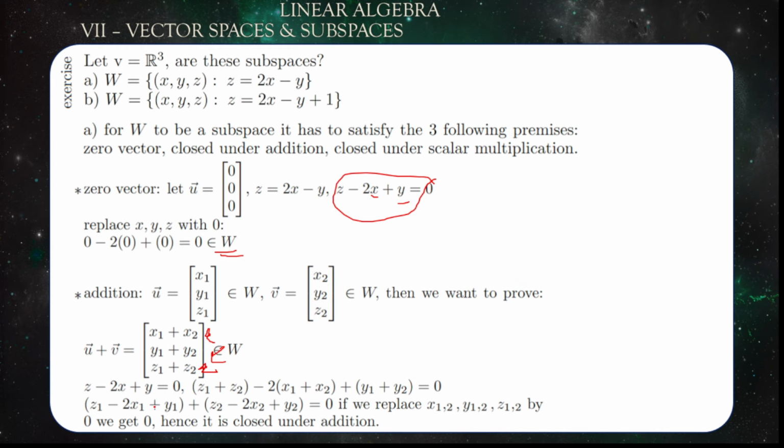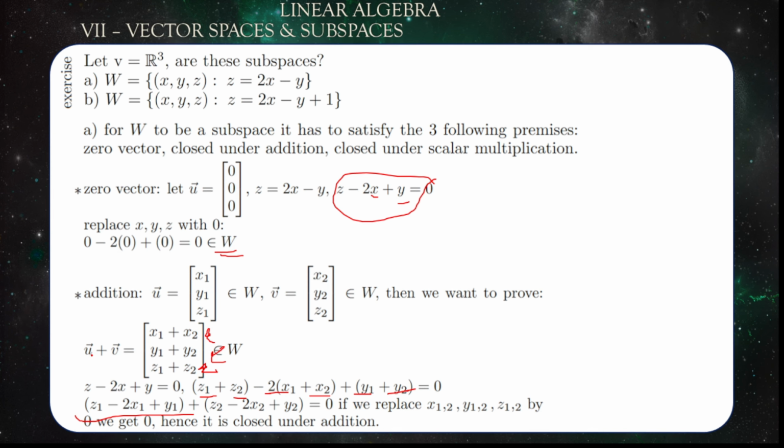So you get z1 minus 2x1 plus y1, that's the first, plus z2 minus 2x2 plus y2 is equal to 0.